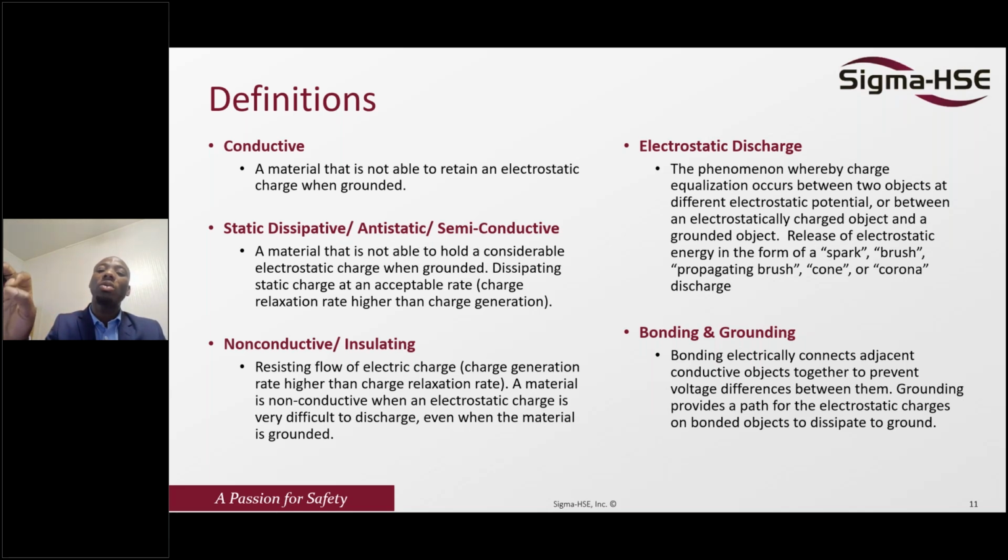So I can connect a bonding string, then the charge will be transferred from A to B, which is a discharge operation. And if I connect a grounding cable, A to ground, then the charge accumulation on the conductive metal will transfer to the ground. That is a discharge, to ensure I have equalization of electrostatic potential. That is electrostatic discharge.